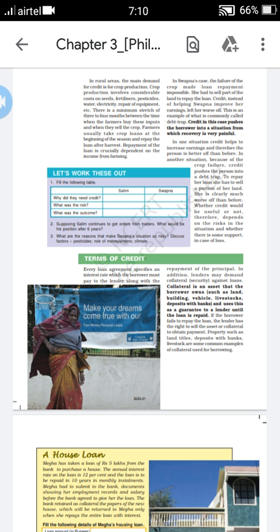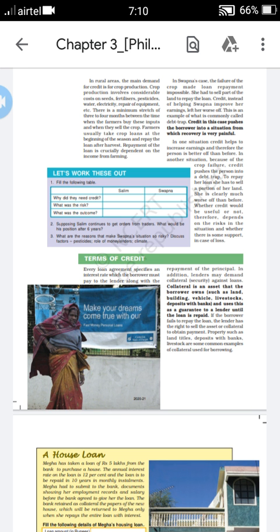Then the interest rate is a specific rate which the borrower must pay to the lender along with the payment of the principal. In addition, the lenders may demand security against the loan.